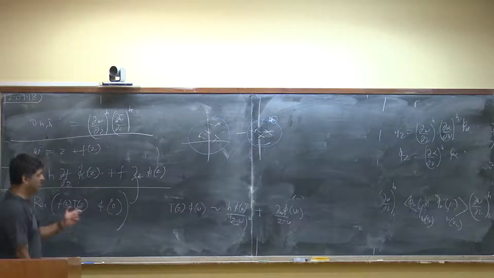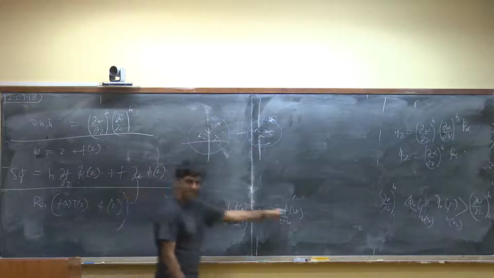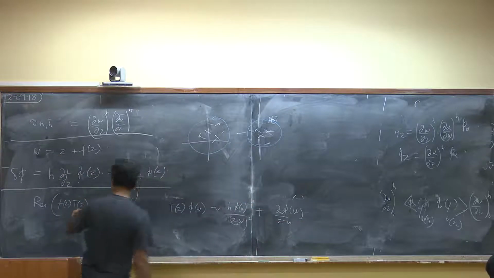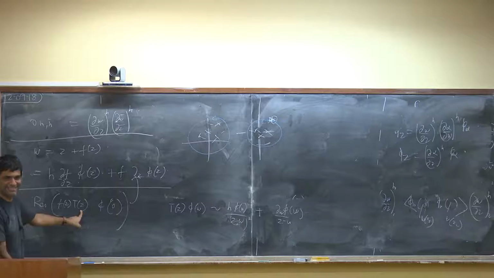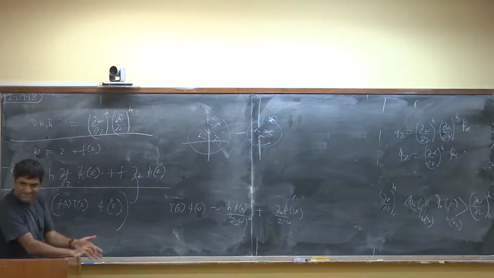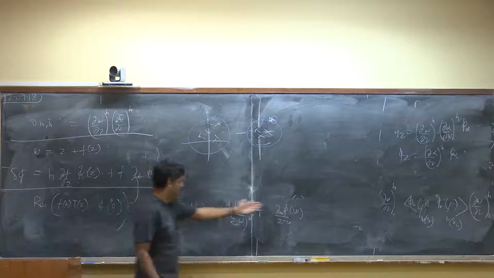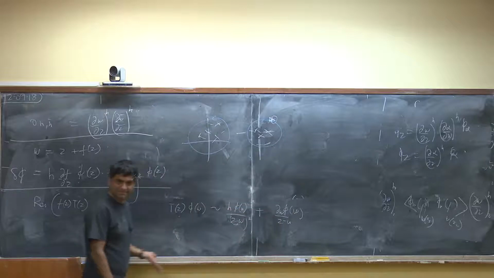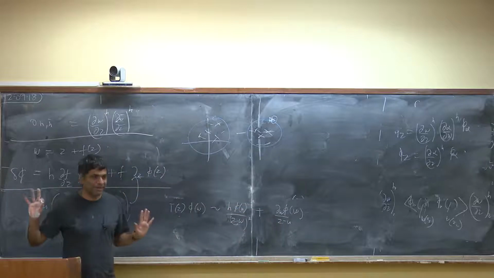Exactly. First, let's check that if this is correct, then this residue is right. This is obvious, right? Because I take this f of z and I Taylor expand it around w. So I get f of w plus (z minus w) times f prime of w. Okay? And this works beautifully. Clear to everyone?